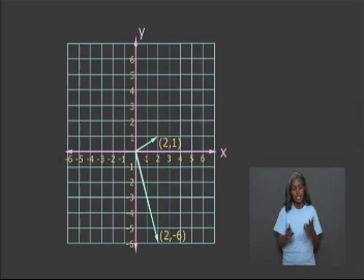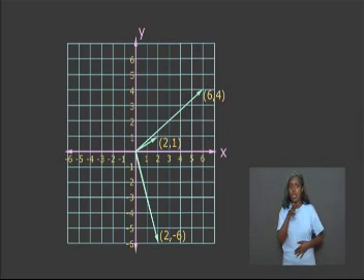The third complex number is represented with a vector with end point 6, 4 in the first quadrant. The fourth complex number is represented with a vector with end point -1, -2 in the third quadrant. Good work, everyone.